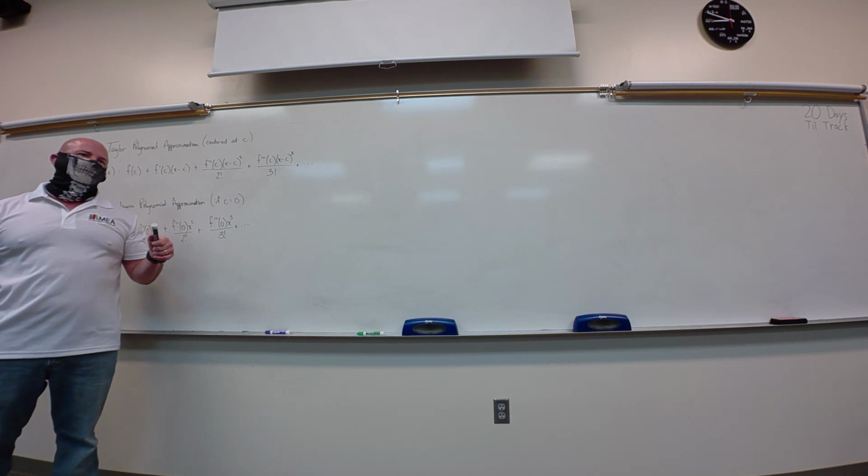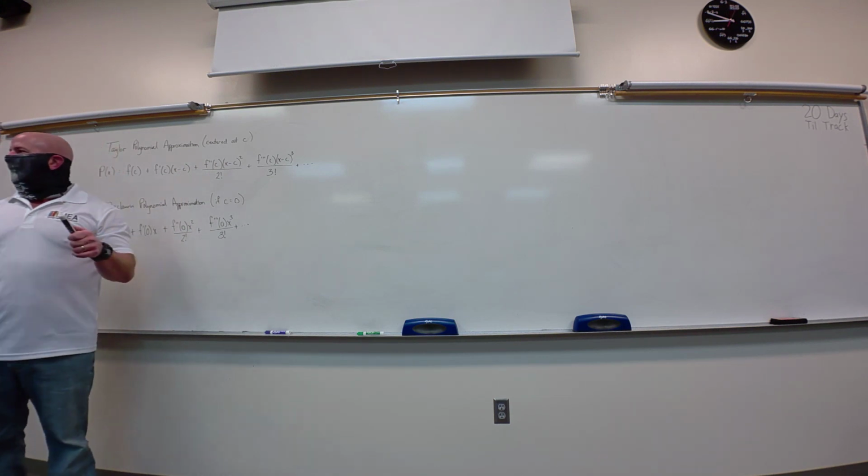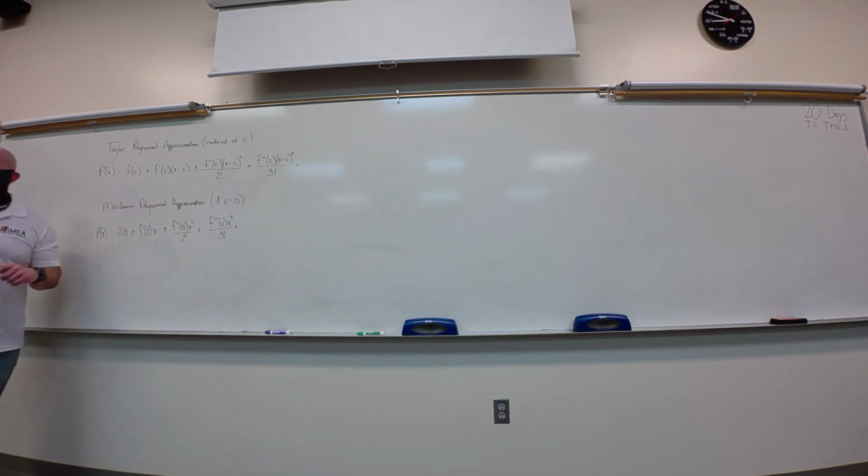Remember how we talked about before Rolle's theorem? Rolle defined it at 0 and got his name in the book. Maclaurin did the same thing. She said, hey, Taylor, you didn't define it at 0. I will get my name in the book. It worked. So, same thing's happening here.